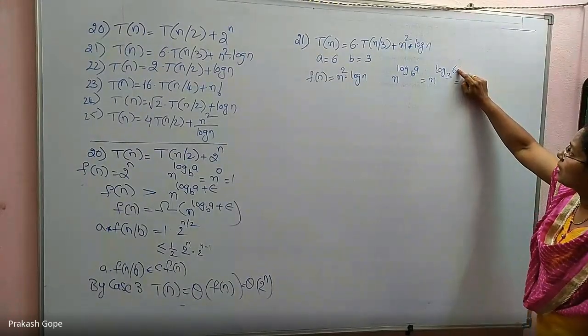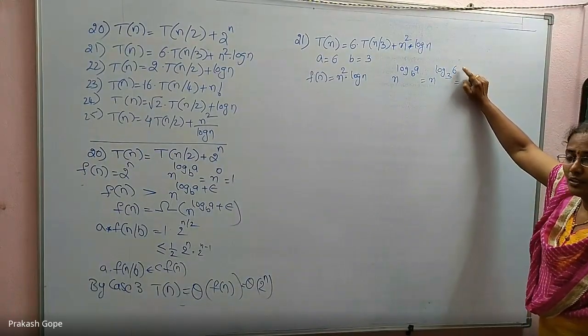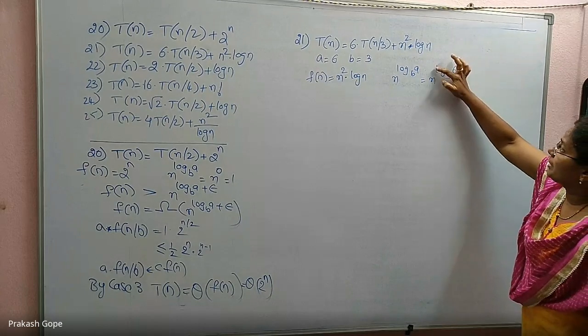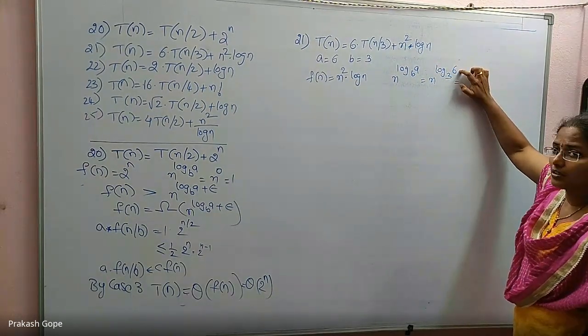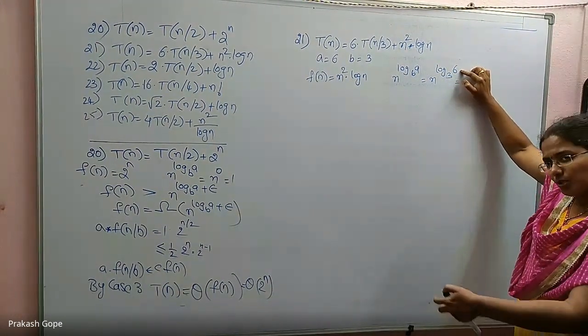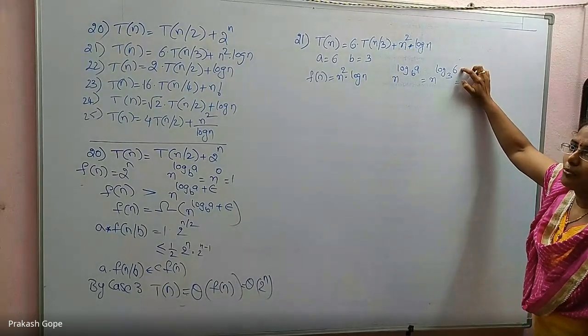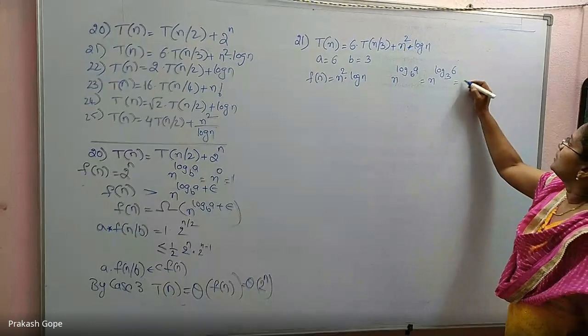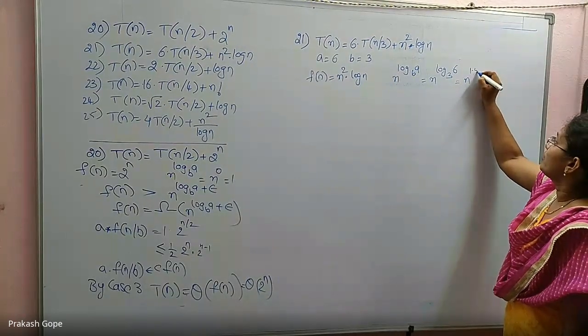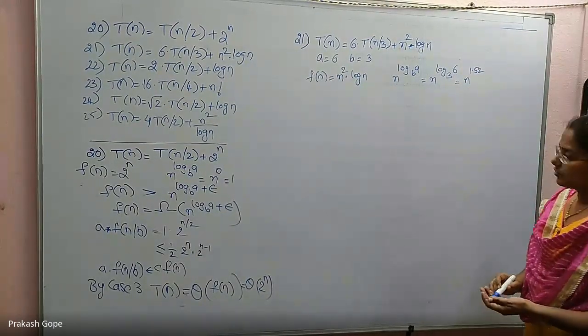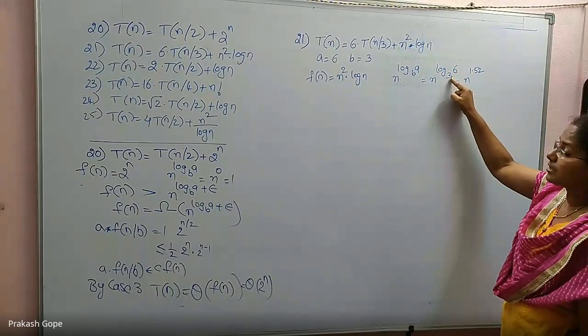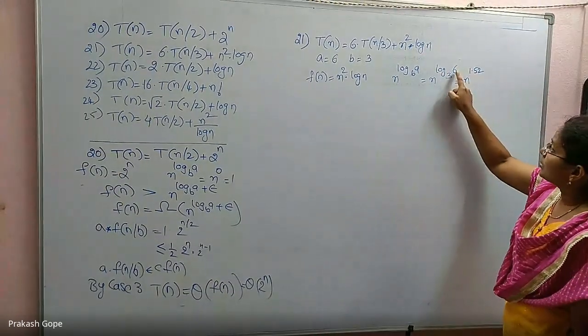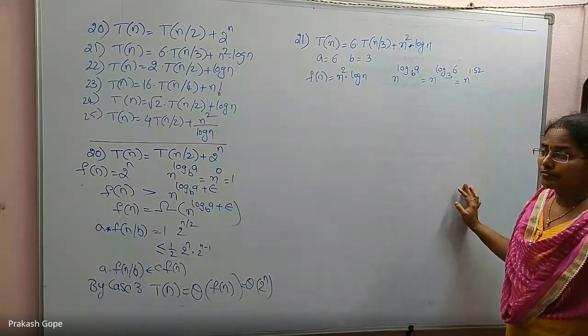If it is log 9 to the base 3, then the answer would have been n square. But this is not 9, this is 6, which means much less than 2. Some 1.5, 1.52, something like that. N power 1.5. This is 6, that's why it is less than 2.